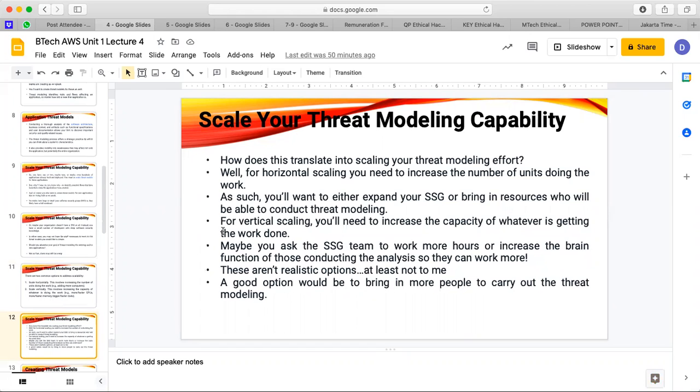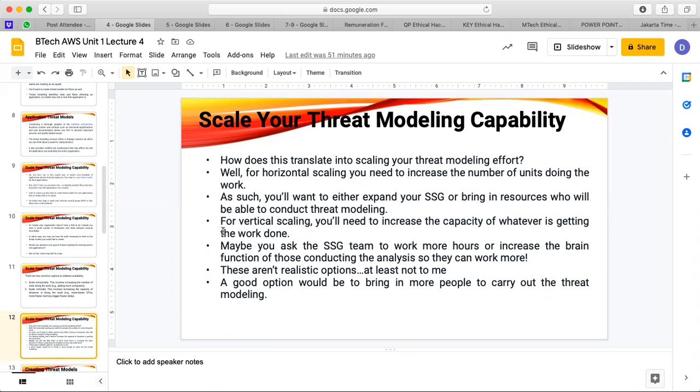The answer may be, for horizontal scaling, you need to increase the number of units doing the work, or we can say the number of programmers already employed in this specific project. As such, you will want to either expand your SSG or bring in resources who will be able to conduct threat modeling.